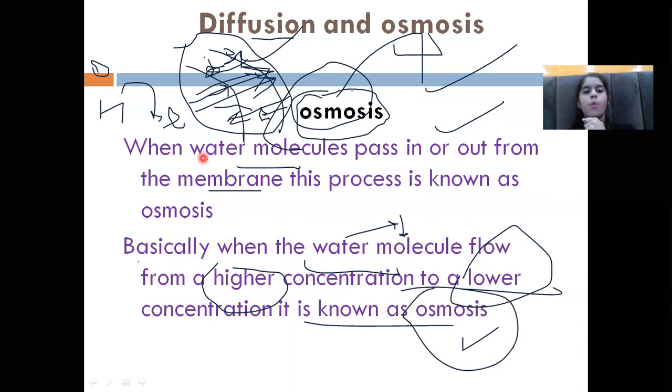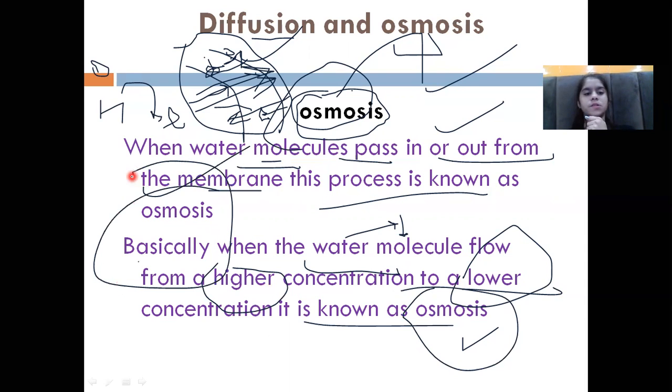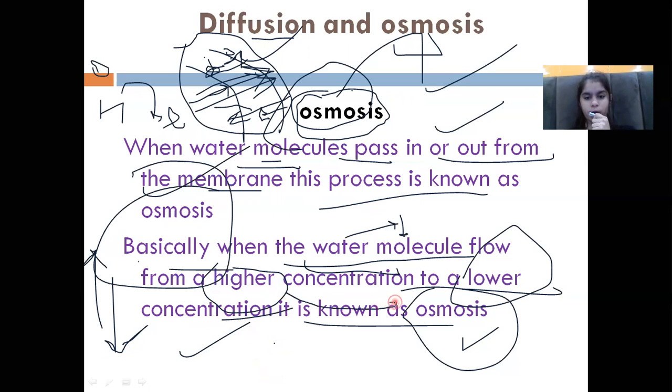Let's read it. When the water molecule passes in or out of the membrane, this is called osmosis. In other words, when water flows from a higher concentration to a lower concentration, that is known as osmosis. Higher to lower, that's my beautiful osmosis.